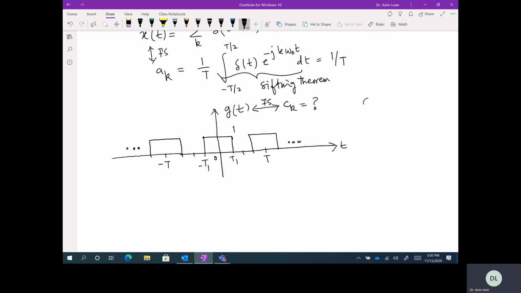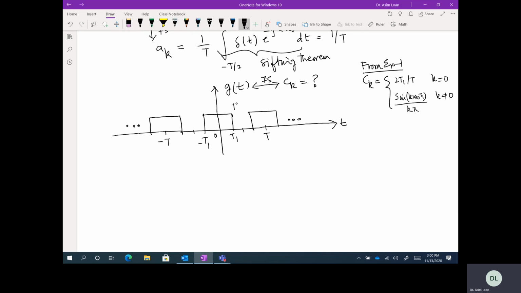Let's say this is some c_k. I know that from example 1, c_k is 2T1 over T for k equals 0, and this is equal to sine of k omega naught T1 divided by k pi when k is not equal to 0. So we know this thing. I want to recompute this one using the properties.